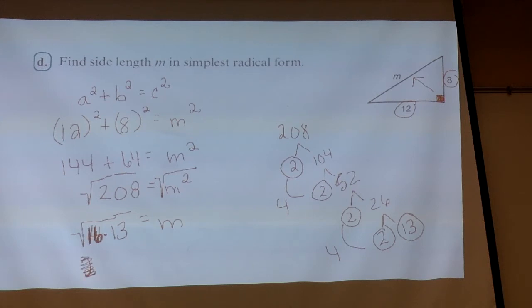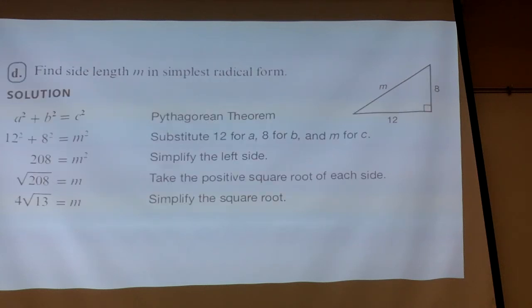I've got 1, 2, 3, 4 2s. So that's going to give me 16 under there. And 16 times 13 is going to give me 208. And then over here, I've got 16 times 13. The square root of 16 is 4, so 4 times the square root of 13 is equal to m. Okay, sorry, that one was a little bit messy. Alrighty, and here it is a lot neater.